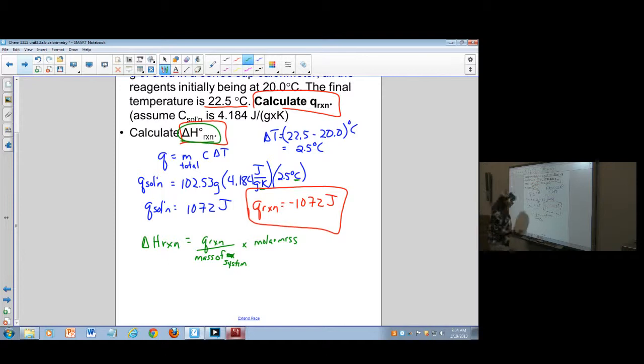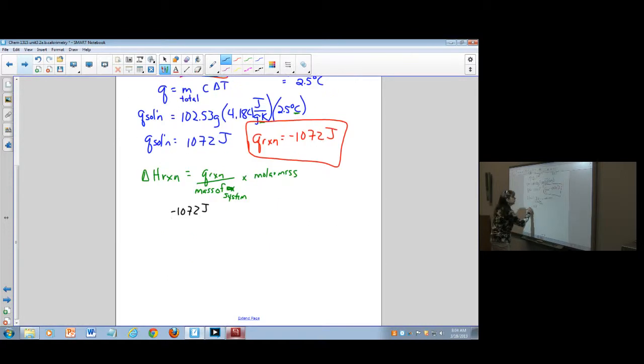So, in this case, I'm going to take negative 1,072 joules. The amount of the sodium hydroxide that we actually used in this reaction was 2.53 grams of sodium hydroxide.